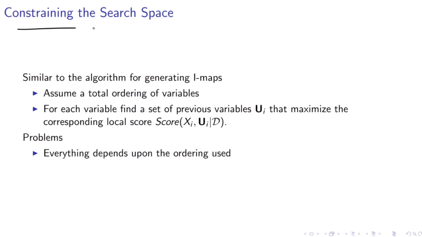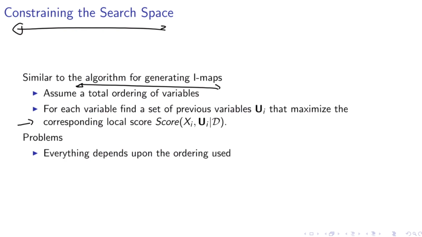The second type of search that we can perform is a greedy search algorithm, and this is the same algorithm that we used when we generated IMAPs. If you remember, when we generated IMAPs, we started with a random total ordering over the variables, and then for each variable we selected a parent set from all the variables that are ordered before that variable.